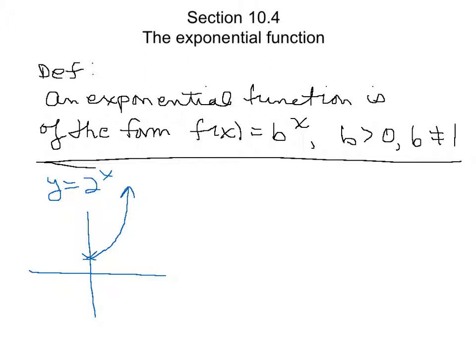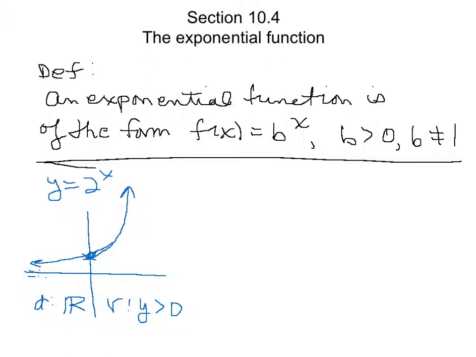That means 1 over 2 to the 10, which is very small, but greater than 0. So we get close here, and this is an asymptote. The domain is all reals, and the range is y greater than 0. And the y-intercept is 1.